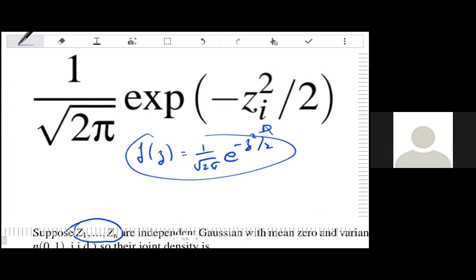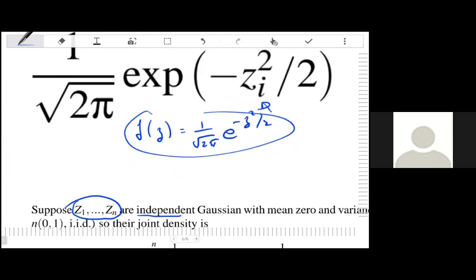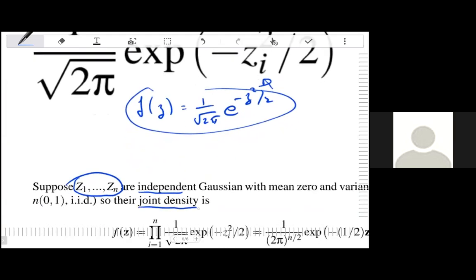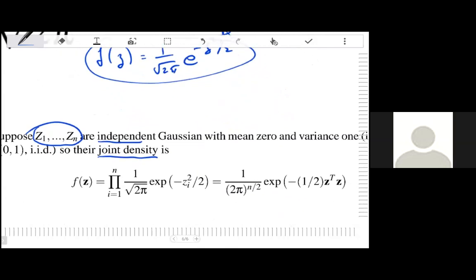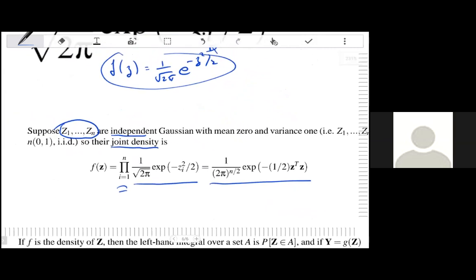So the density of Zi, capital Zi, is this quantity. Now, if they're independent, then the joint density, by definition, is the product of the individual densities. So you multiply them all together, and you get this quantity. So this is the easy case, the independent case.